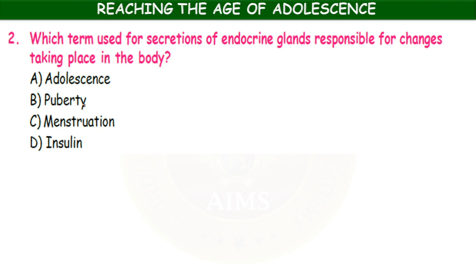Adolescence, puberty, menstruation, or insulin. Here, puberty appears at the age of adolescence only. The growth of hair at the pubic region is called the puberty stage. So the answer is adolescence.